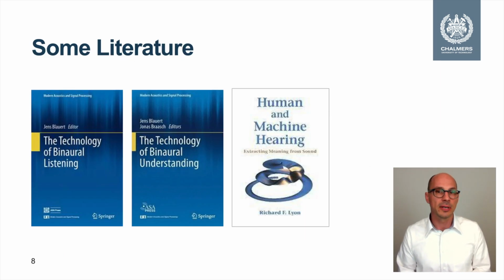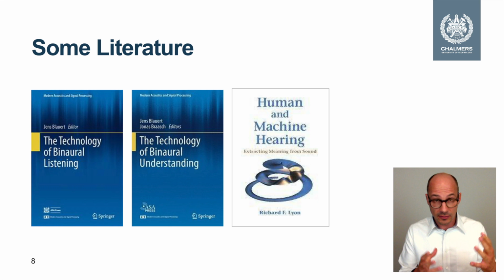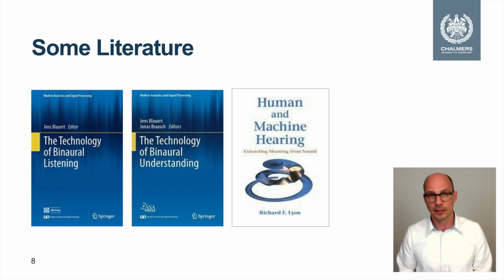Here are three examples of compilations that may be considered to summarize the state of the art in the psychoacoustic modeling on a signal basis. There's of course much more literature on this, but we would like to use these three examples here. When studying this literature, you will find that there are mathematical or computer models that can predict spatial perception from ear signals, for example, mostly only for very simple scenarios, or if the scenarios are more complex, then it is a narrow range of scenarios that can be handled.